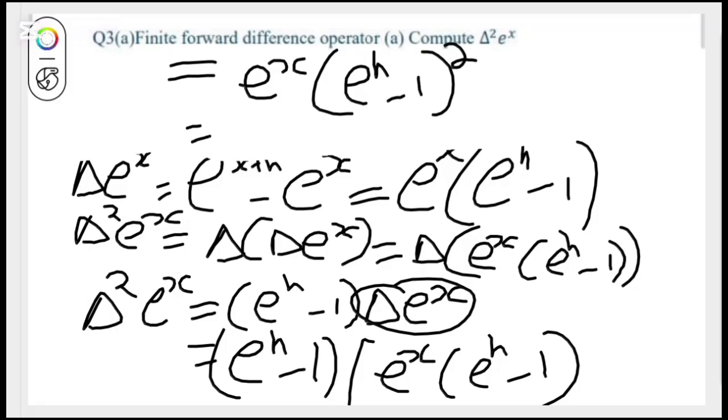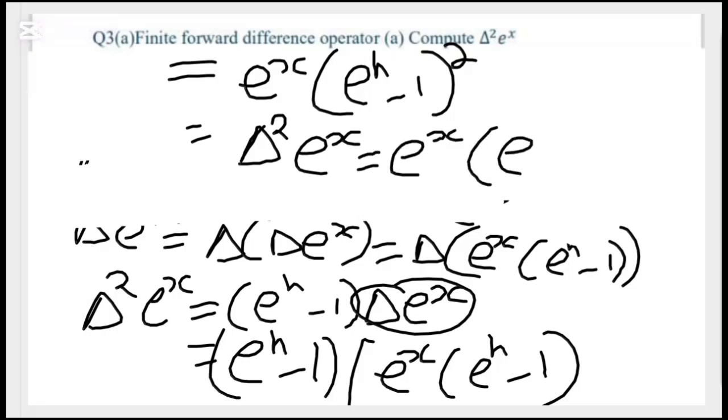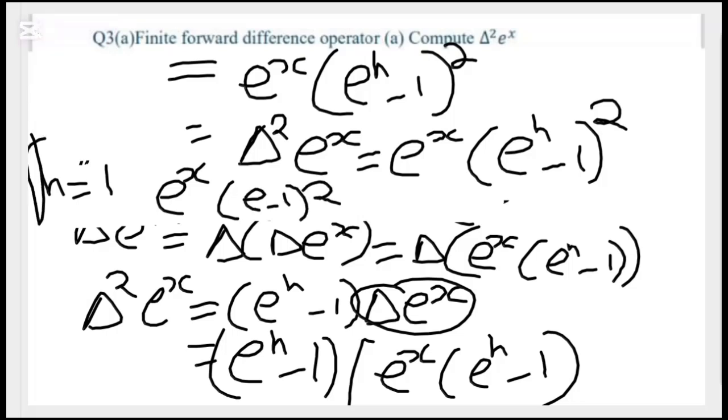So therefore at the end, d square e to the x is the same thing as e to the x into e to the h minus 1 squared. But you have to take note of this for h equals 1, so this is e to the x times e to the negative 1 squared.